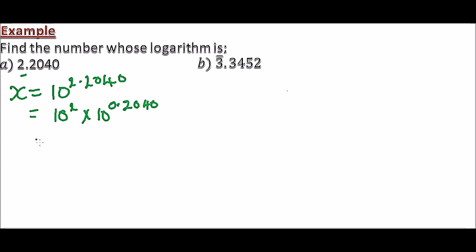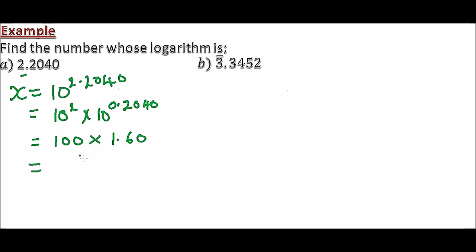So we know that 10 squared is the same as 100. So that's 100 multiplied by the anti-logarithm of 0.2040. We get 1.60, just like the way we have obtained the anti-logarithm.